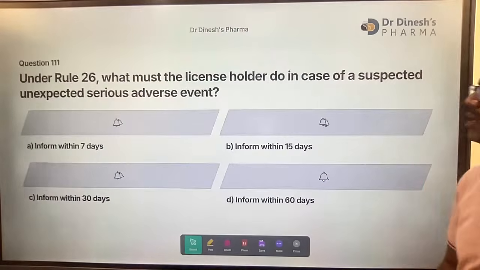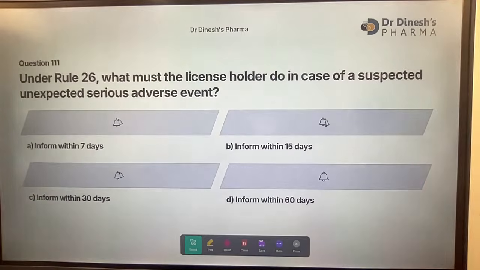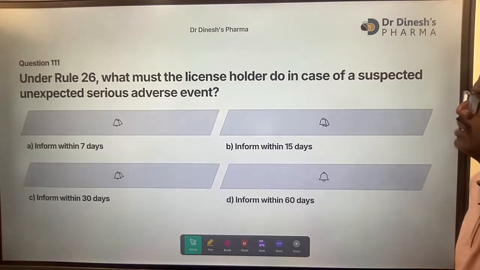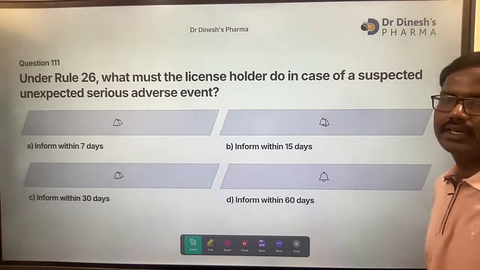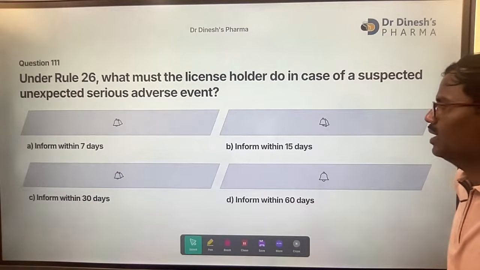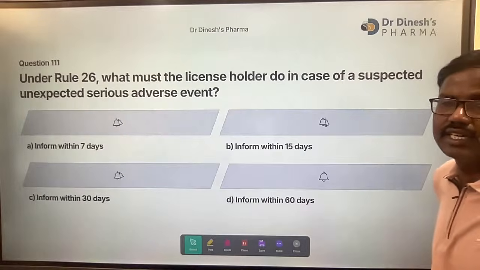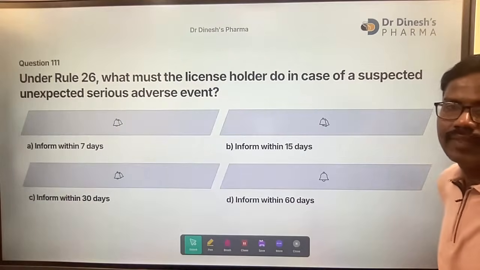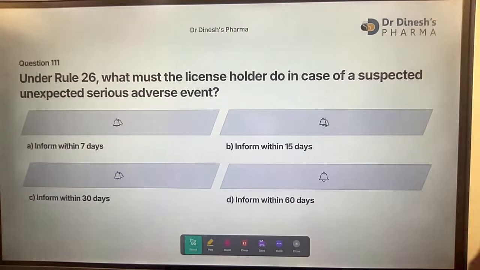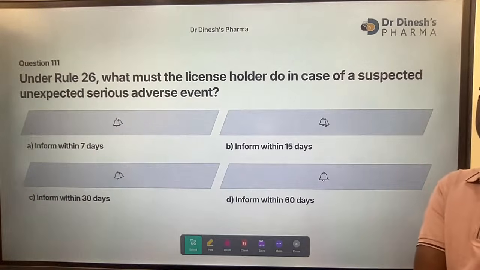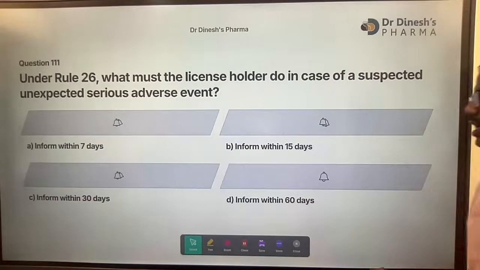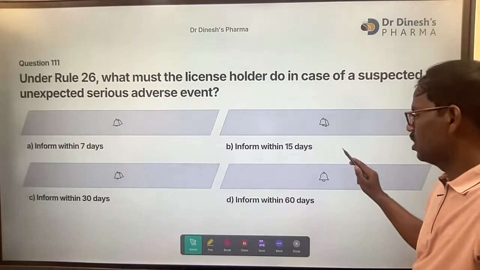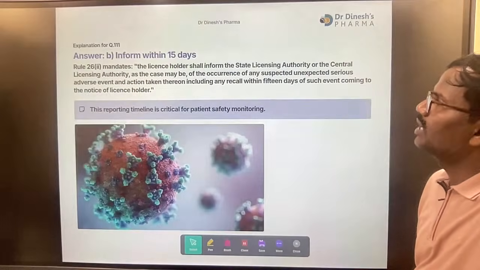Then next question. Under rule 26, what must the license holder do in case of a suspected unexpected serious adverse event, SUSAR reporting? 7 days, 15 days, 30 days, 60 days. How many days? Okay, very good, 15 days after becoming aware, within 15 days.